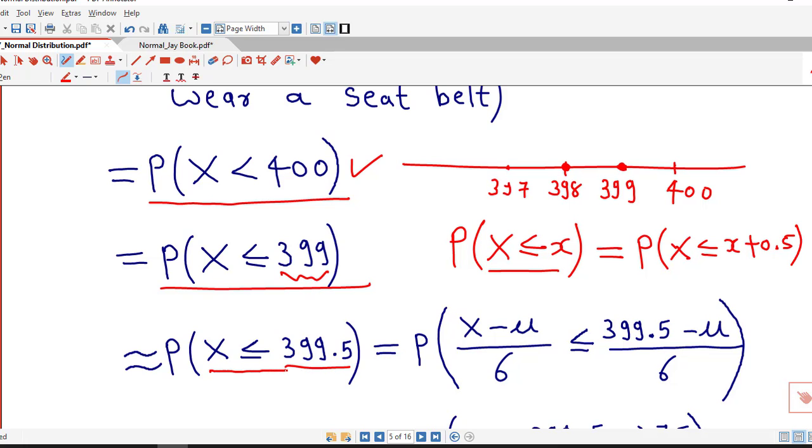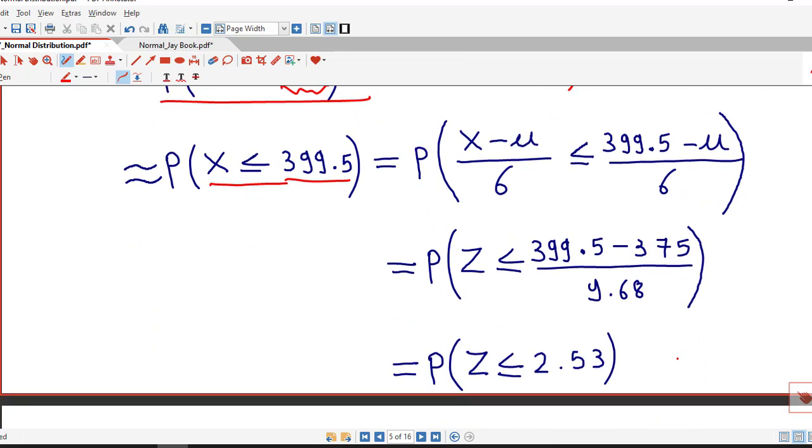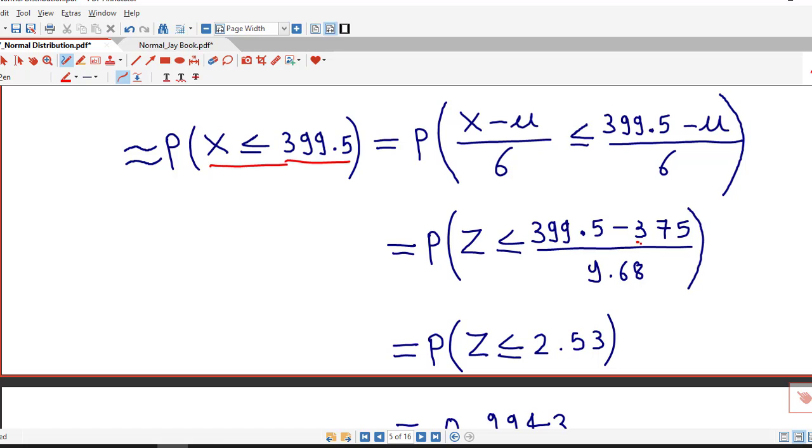Now we standardize this probability. So the probability that capital X is less than or equal to 399.5 equals the probability that X minus mu over sigma is less than or equal to 399.5 minus mu over sigma. Then we put values of mu and sigma and this is Z. So we obtain that this probability is nothing but the probability that Z is less than or equal to 2.53.